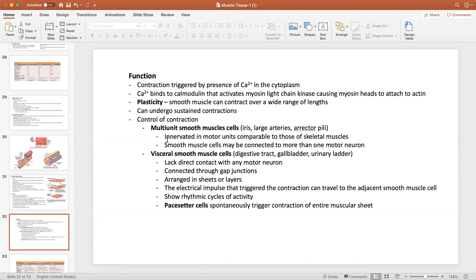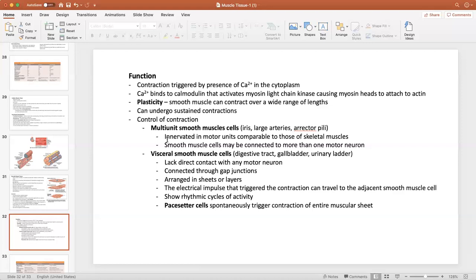Then we have visceral smooth muscle, where we lack motor neurons. In our digestive tract, they're connected through gap junctions, kind of like the intercalated discs. There are pacesetter cells instead of the pacemaker cells within the cardiac tissue.